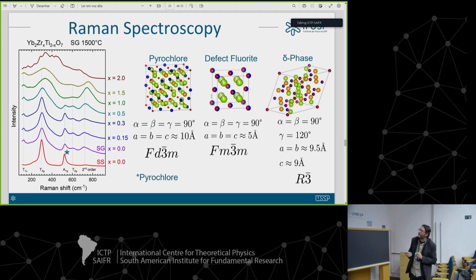Even for the sample which, from the X-ray diffraction, seems to be in the defect fluorite region, we still see a peak here, so there are still pyrochlore structures inside that phase.